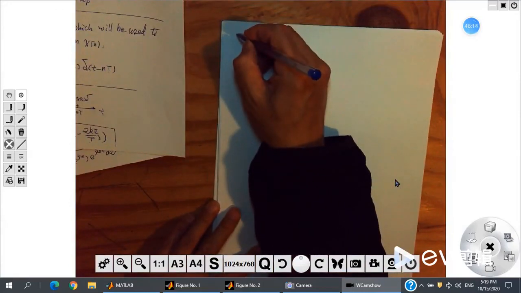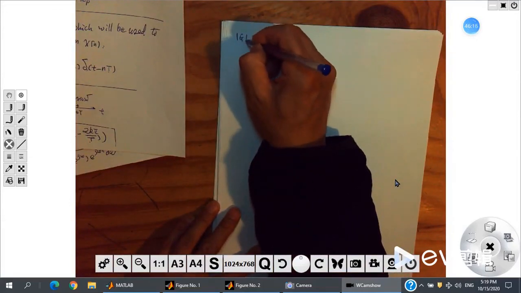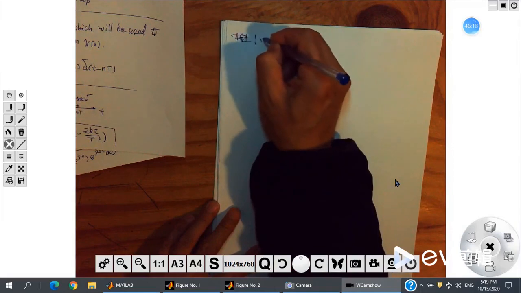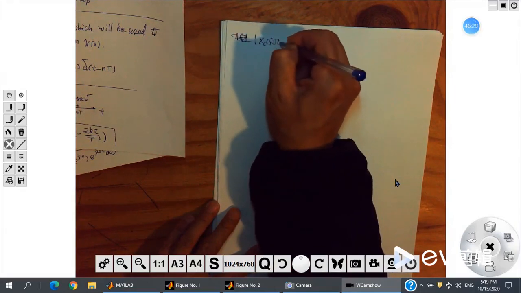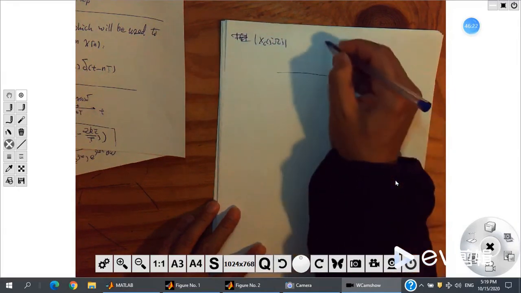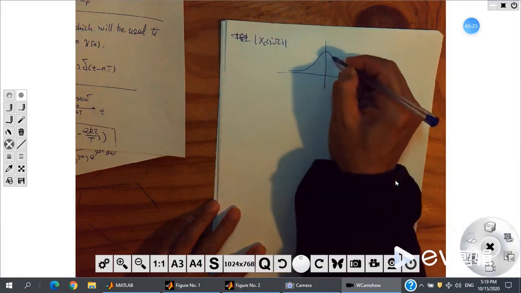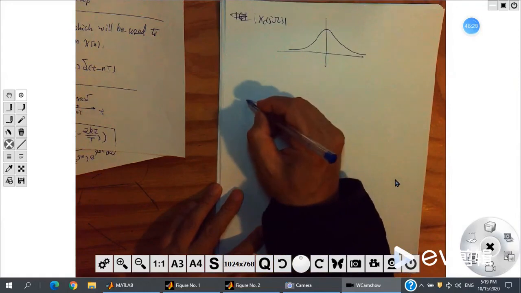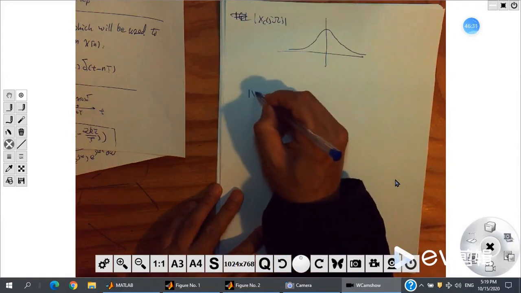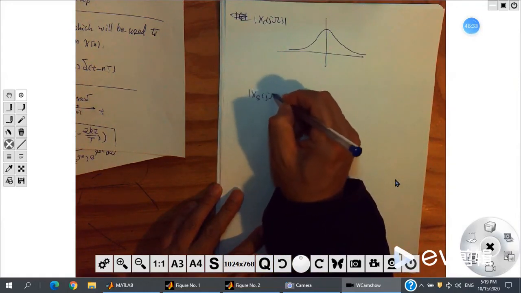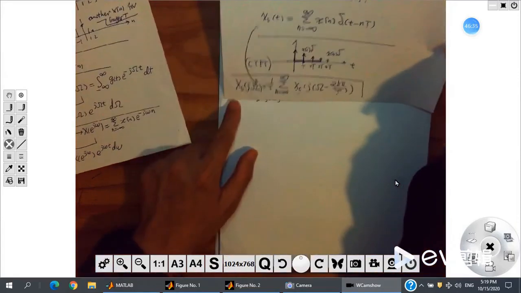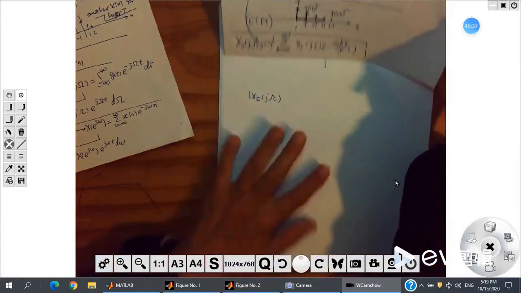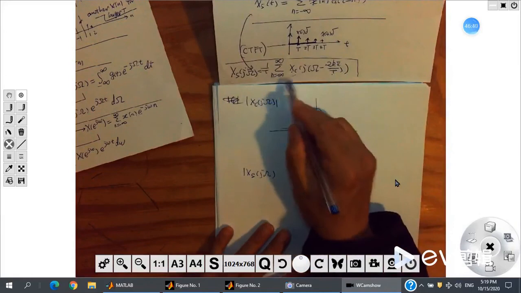Suppose this is the magnitude of Xc, looks like this, and then this one is Xs of j omega. It is a summation of this one.